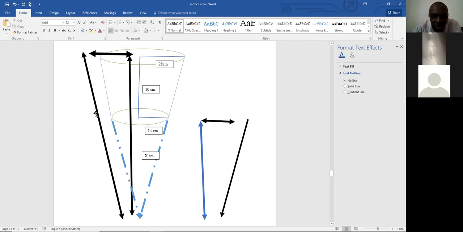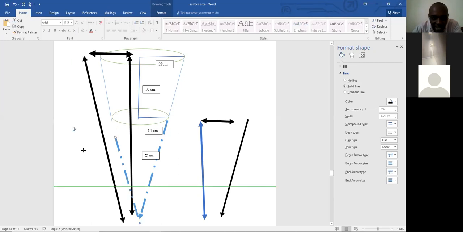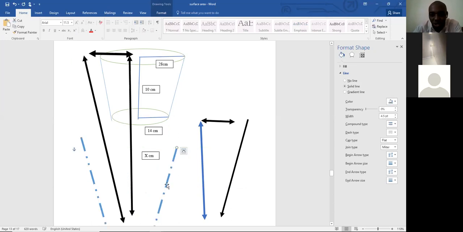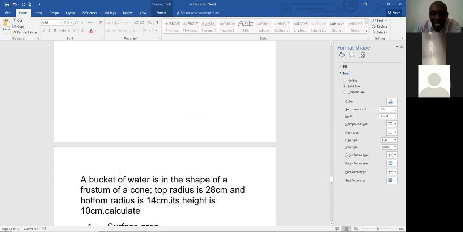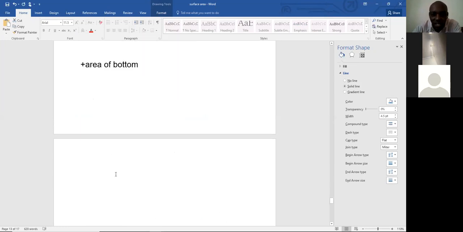So we take out this part here, because this part is the one that is forming the small cone. So the surface area of the bucket, which I'm now left with, is going to be found by calculating the surface area of the big cone, and then we subtract the surface area of the small cone, which is done by using this formula here.